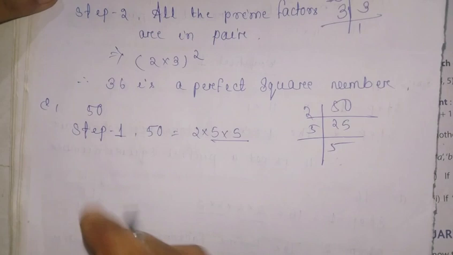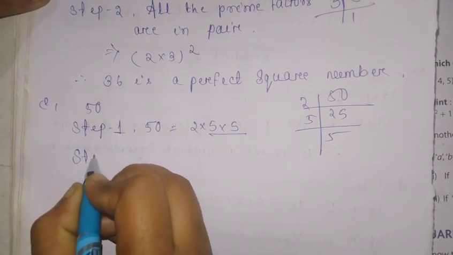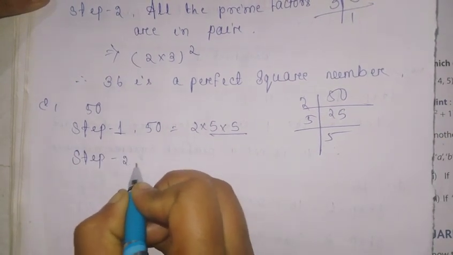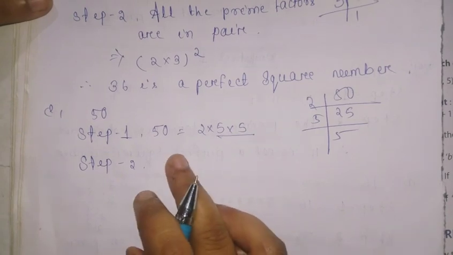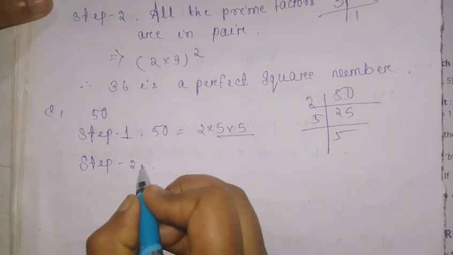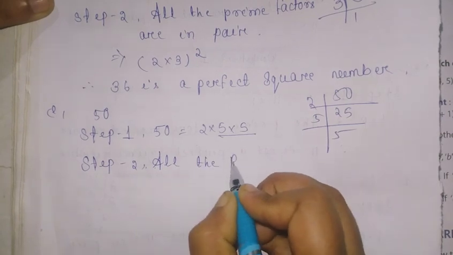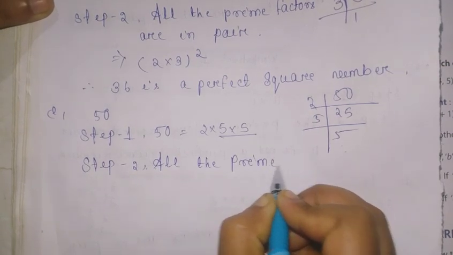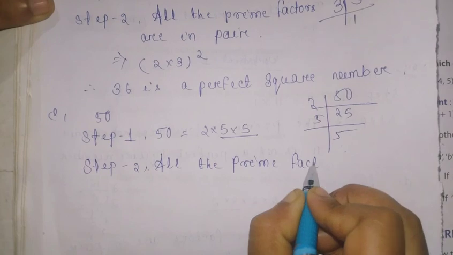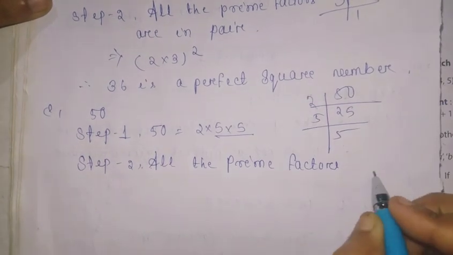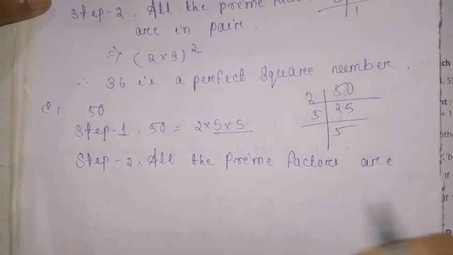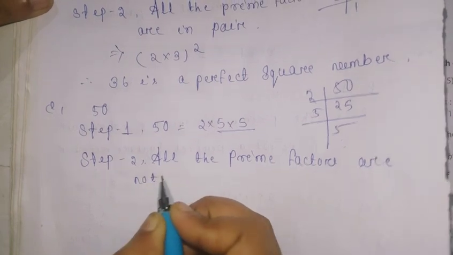Two is left out, so we write step 2. All the prime factors are not in pair.